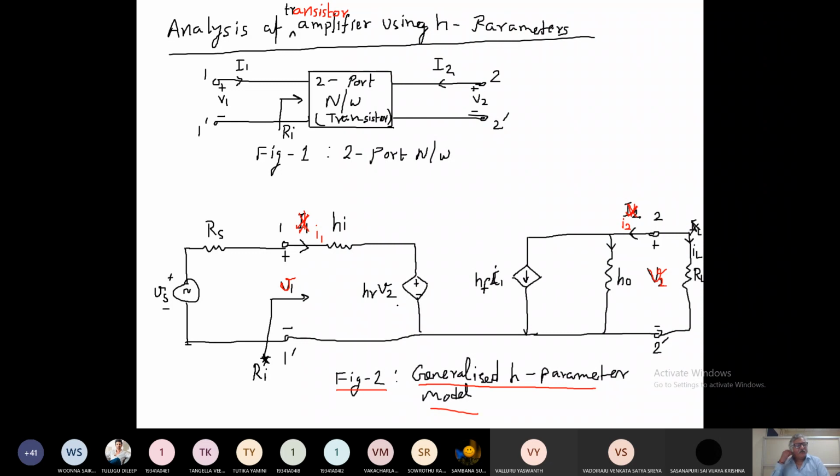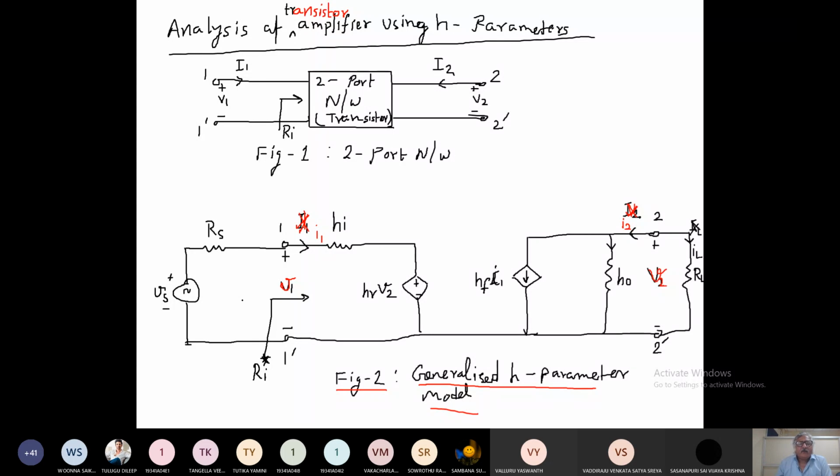Here there is one independent voltage source, Vs, but that Vs is behind this point. When calculating the input resistance, that Vs is beyond you. It is not coming in line. That's why we are not considering that at all.